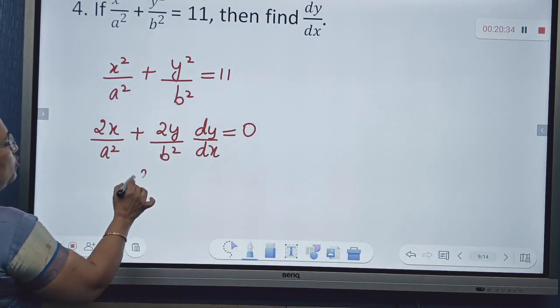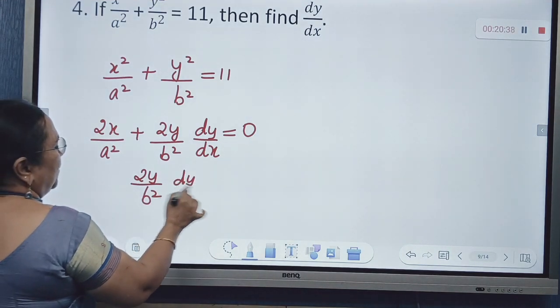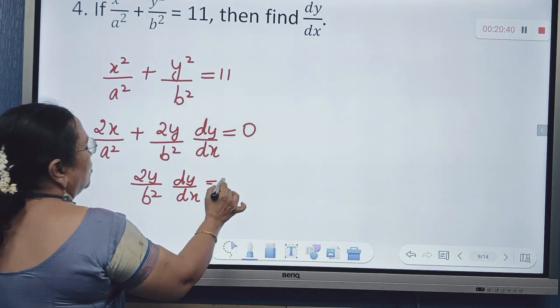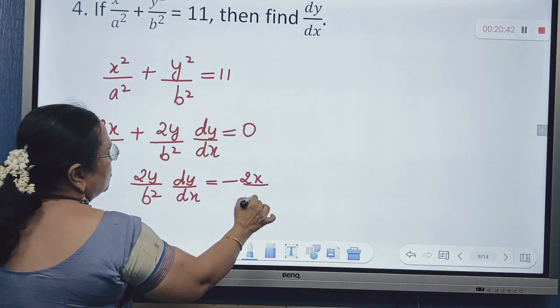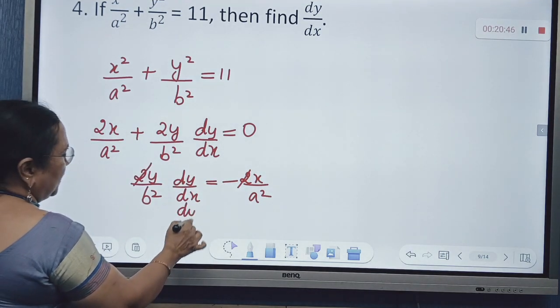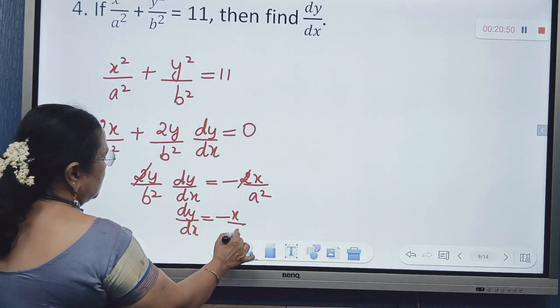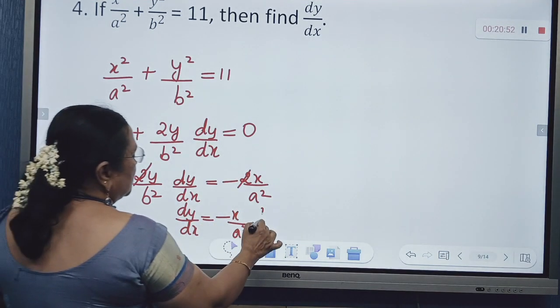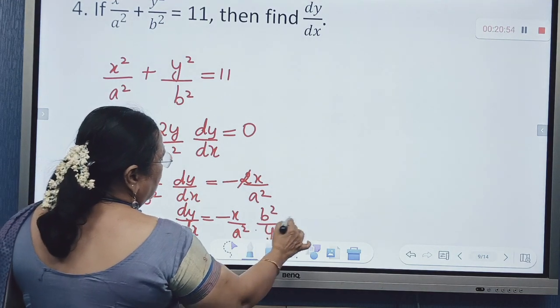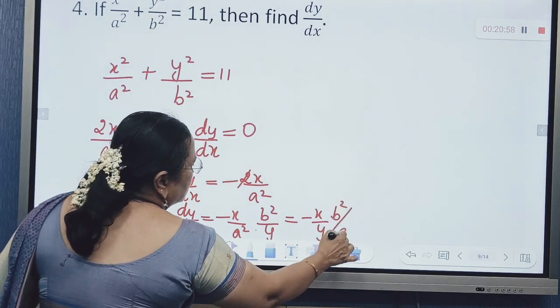So 2y by b square into dy by dx is equal to minus 2x by a square. So dy by dx equal to minus x by a square into b square by y, minus x by y, b square by a square.